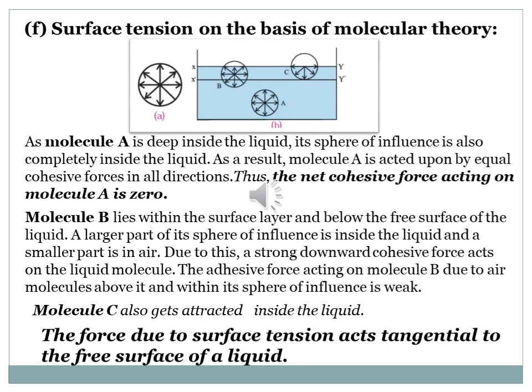Due to this, the molecules inside the liquid attract and pull molecule B into the liquid, because the molecules in the air medium are very few compared to the molecules in the liquid.